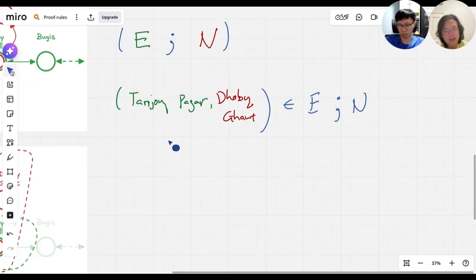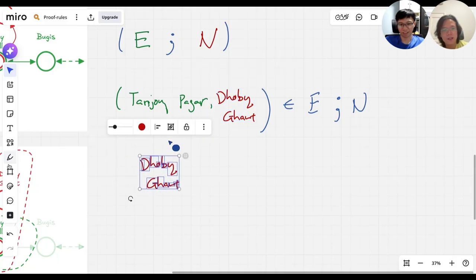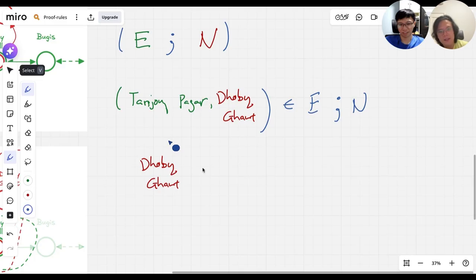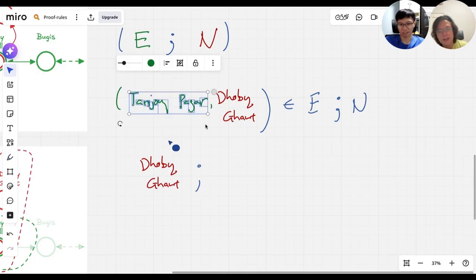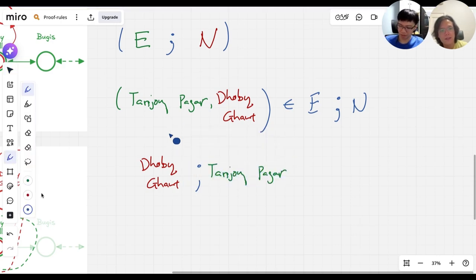I have a question. Can I do the opposite? Can I say Dhoby Ghaut, Tanjong Pagar is in E compose N?